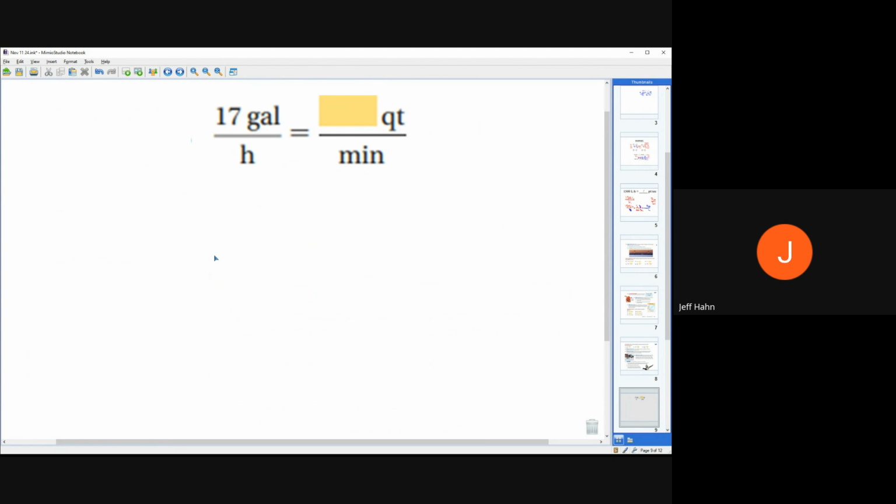If it's on top, it would go on the bottom. You need to change gallons to quarts, so gallons would have to go on the bottom because it's on top here, quarts on top. Then hours to minutes, if you can set that one up. I don't care about the math, I just want to see the labels crossing off.